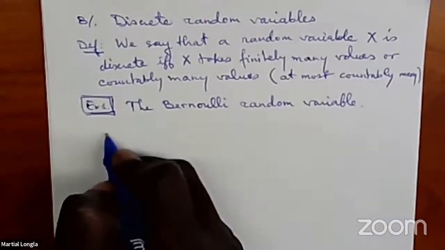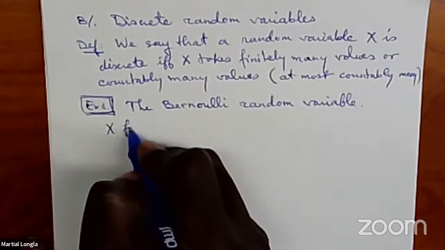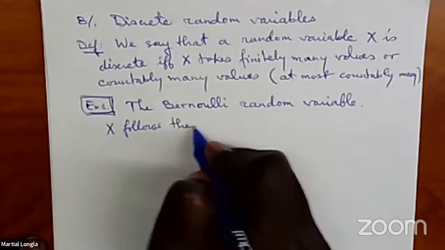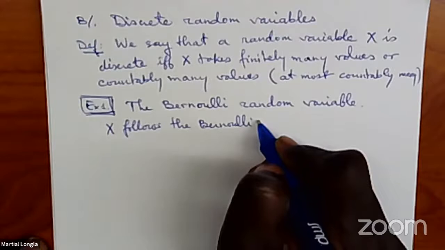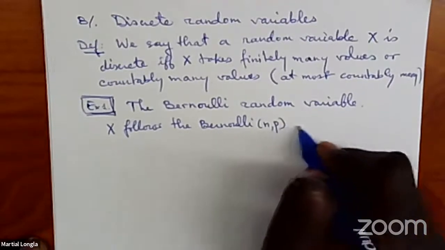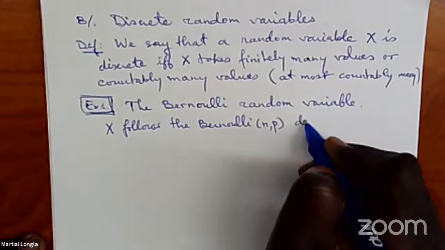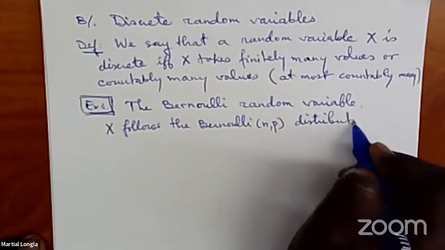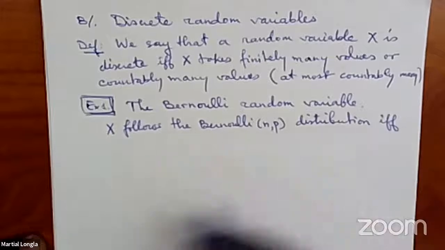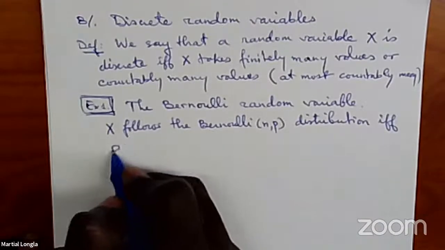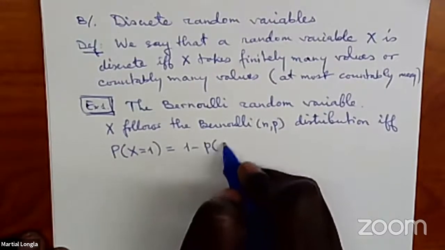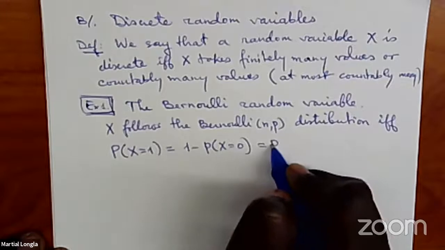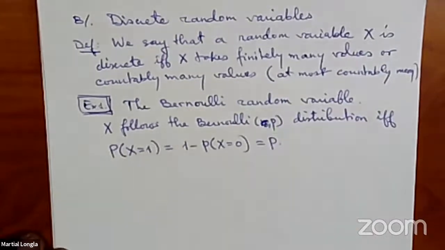So we say that X follows the Bernoulli distribution with parameter p if and only if the probability that X equals 1 equals 1 minus the probability that X equals 0 equals p. Sorry, here you don't need n, so just the Bernoulli with parameter p.